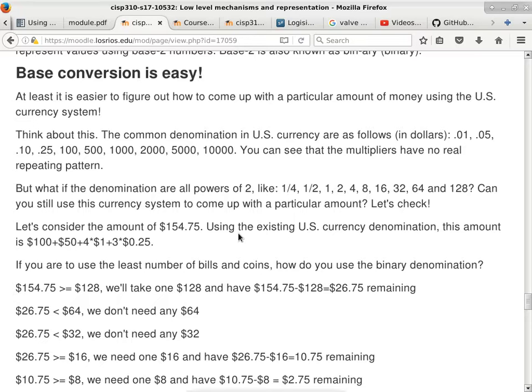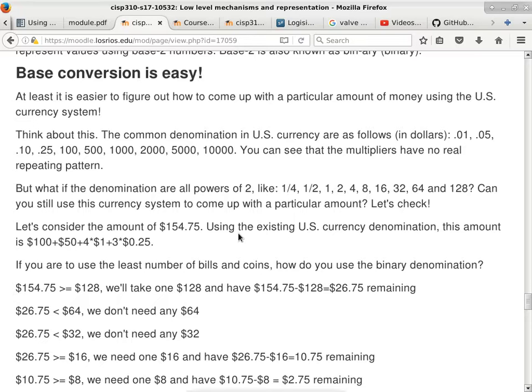So, using this particular system, how do I come up with this value, using the least number of bills and coins? How would you work it out? Okay, we start with 32. Well, too much. Next one down is 16, right? Okay, so 16, that will drop us down to $3.75.